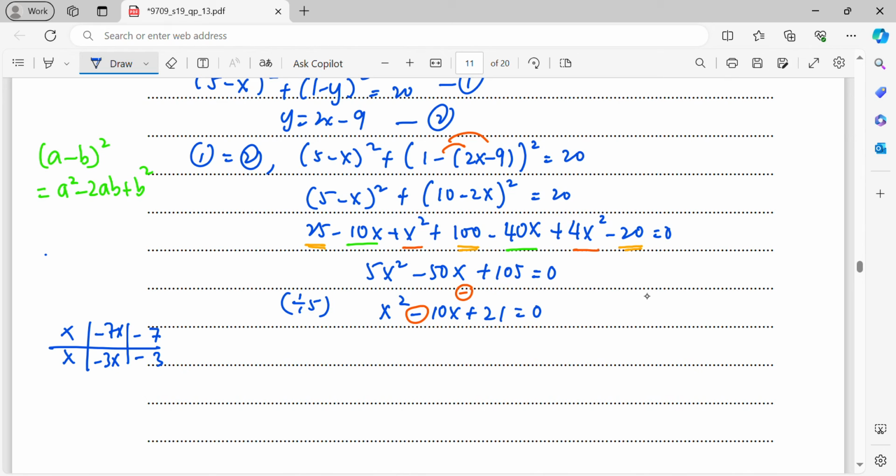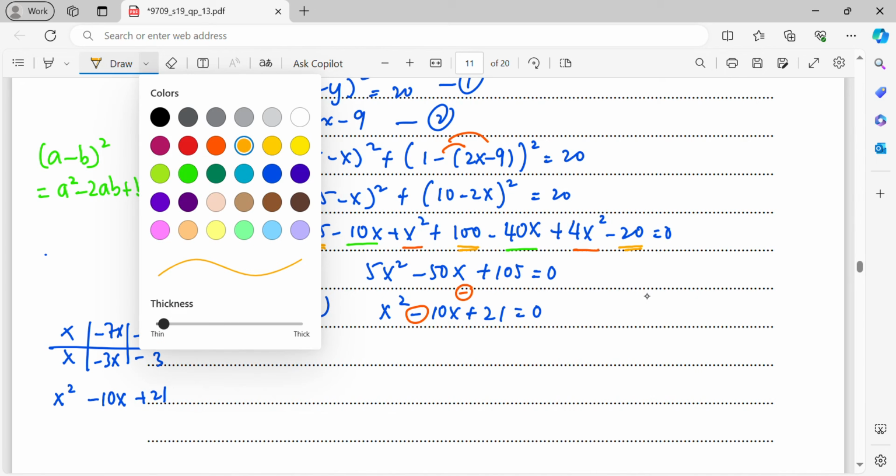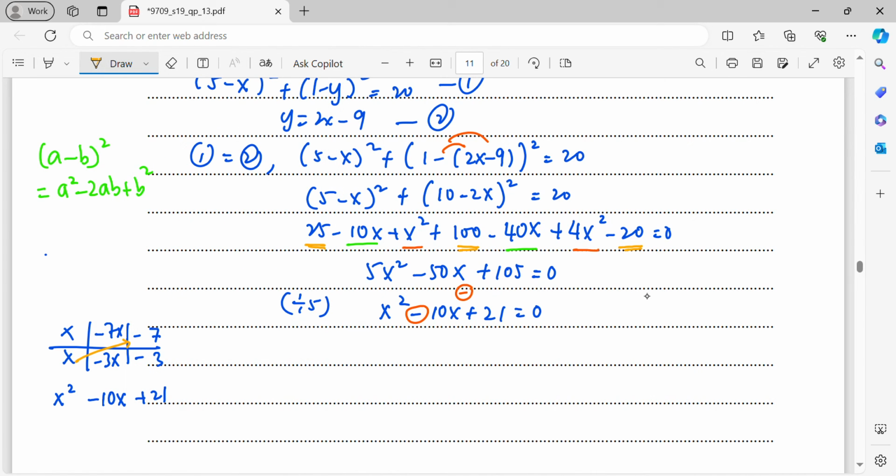So now first and third column you multiply together, that is x squared times the third column, that is plus 21. The middle column you are actually adding. So therefore minus 10x. So I'm getting the same terms. Final answer, for the factors, you just cross multiply.